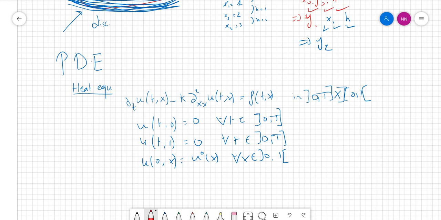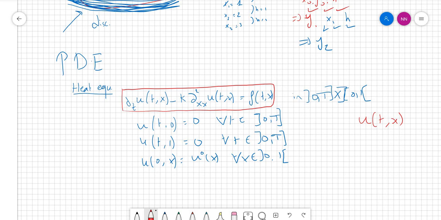If you look in here, this is the main equation. The function to find is u, but u is a function of (t,x). So we have two variables, and in the equation we see two kinds of derivatives.